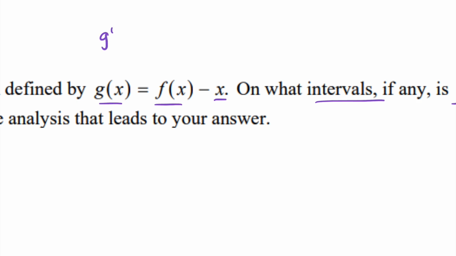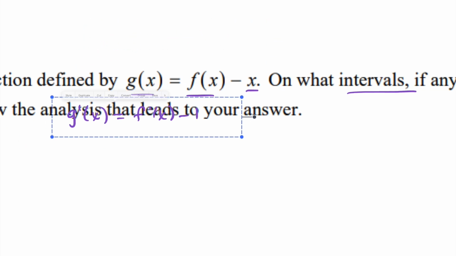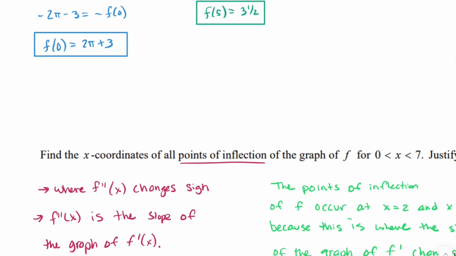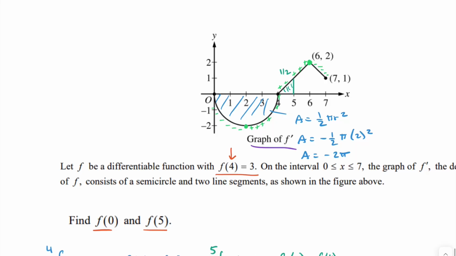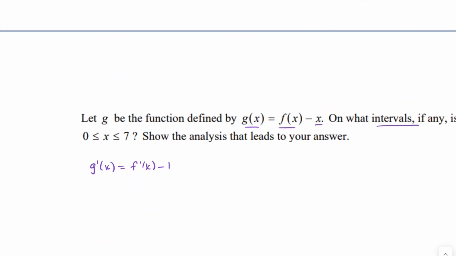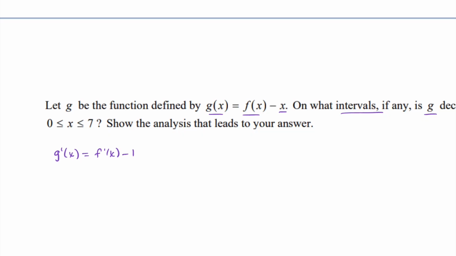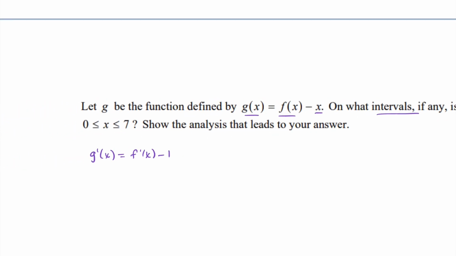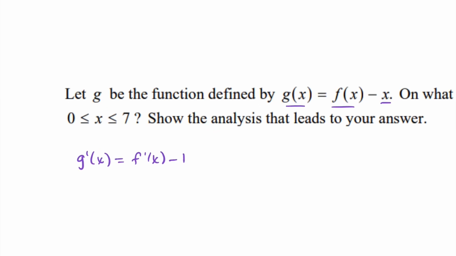So that means that g prime is also equivalent to f prime minus 1. Because we don't have f, we have f prime here in our graph. On what intervals, if any, is g decreasing for 0 to 7? Show the analysis that leads you to your answer.